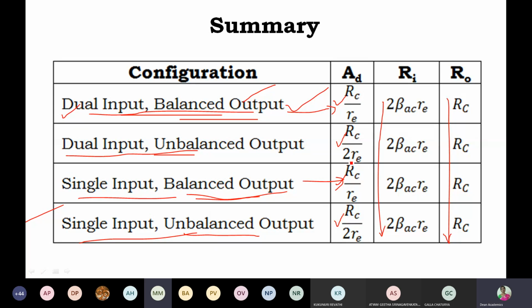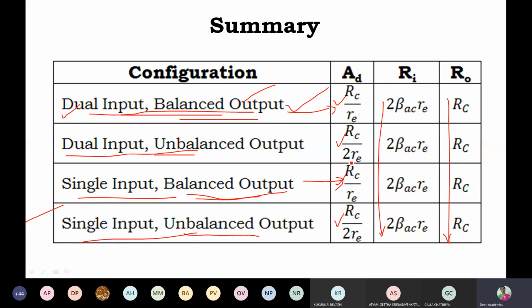The gain of the unbalanced amplifier is half of the balanced amplifier, right? What you have to mention? The gain of the unbalanced amplifier is half of the balanced amplifier, right?